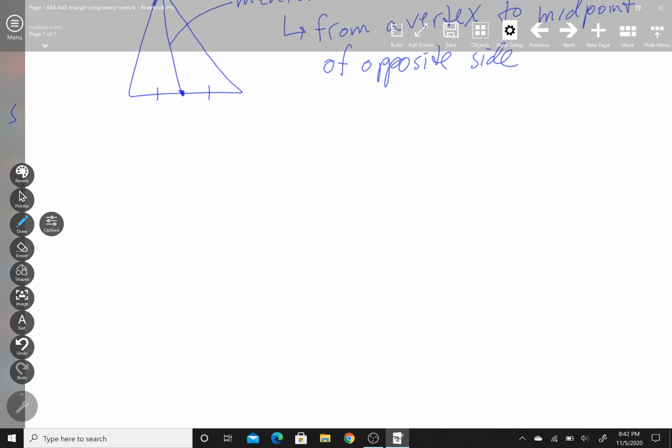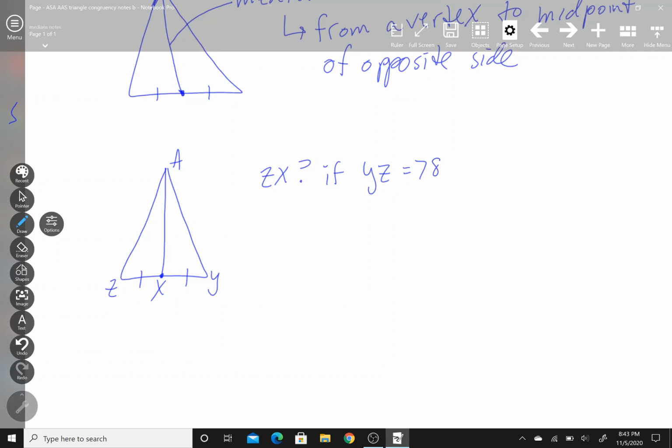We've got our triangle A, and there's X, and they tell us that AX is a median, and here's Z and Y. So AX is a median, and they want us to find the length of ZX if YZ is 78.